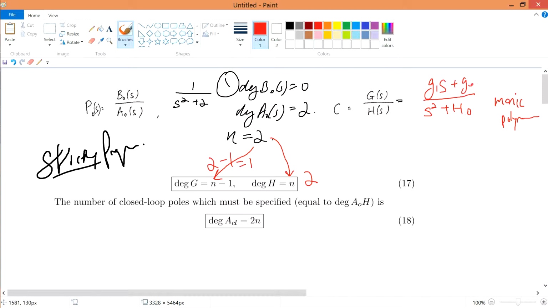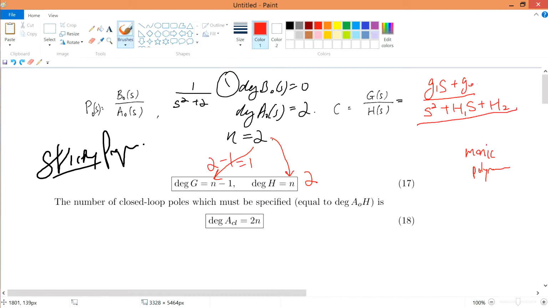Actually, never mind. Hold on a while, because H is second order, so I have to write h1 s plus h2. So because it's second order, first order, zeroth order.